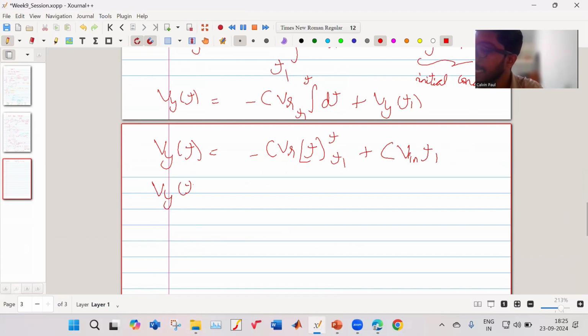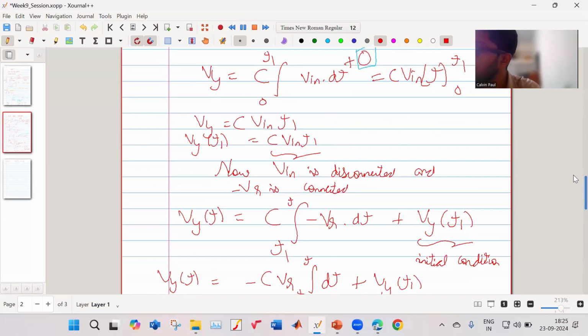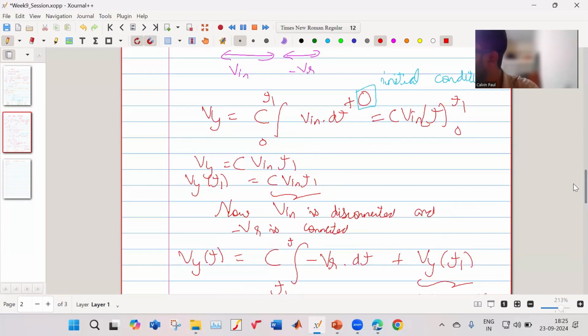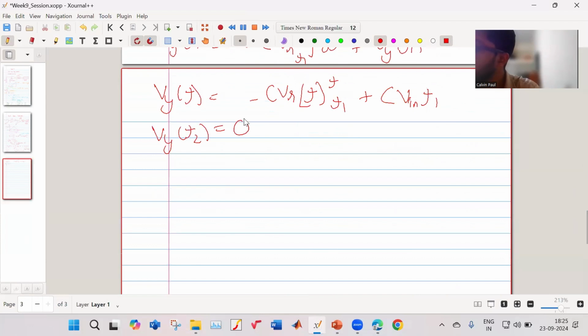Now your Vy at T2 is equal to what? Vy at T2 is equal to 0. Okay, at time T2 it is equal to 0. So 0 is equal to minus C into Vr into T2 minus T1 plus C into Vin into T1.